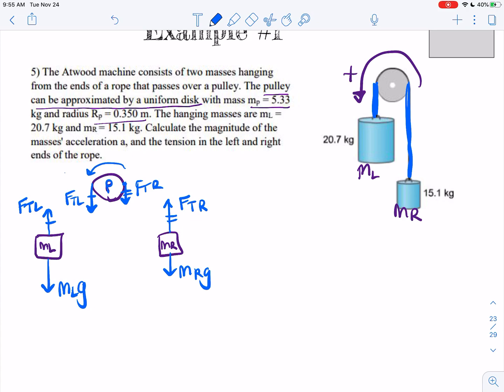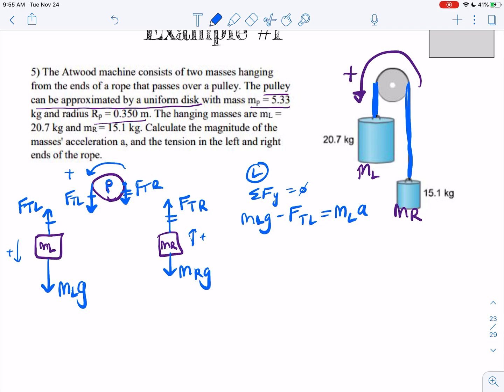I'm going to call this way positive, because that's the way that it's going. Here down is my positive, and here up is my positive, because the whole system is going around to the left. Now you're going to have multiple equations. For the left mass, the sum of the forces in the y direction gives you MLG minus FTL equals MLA.